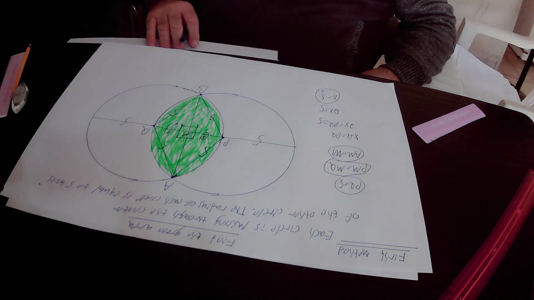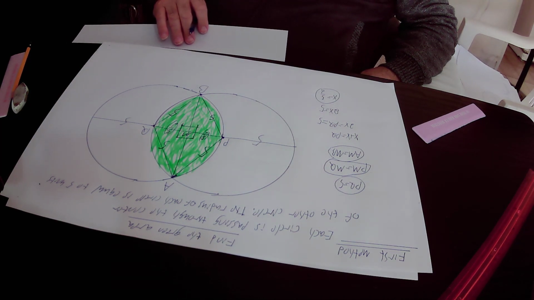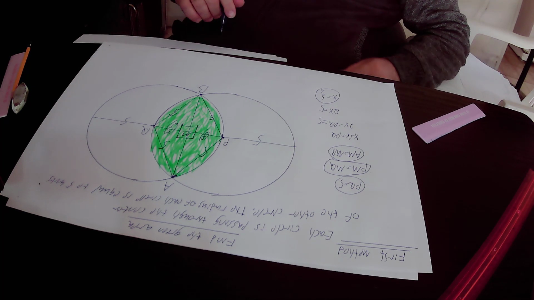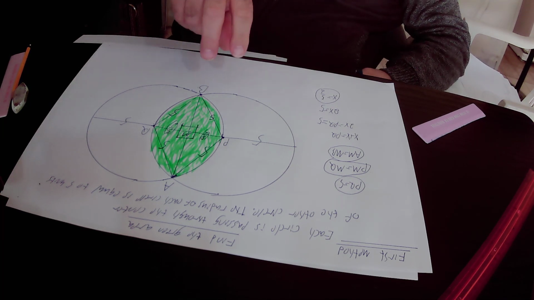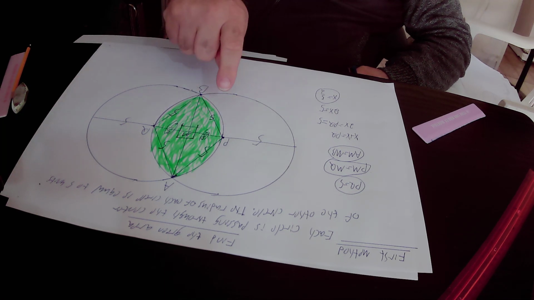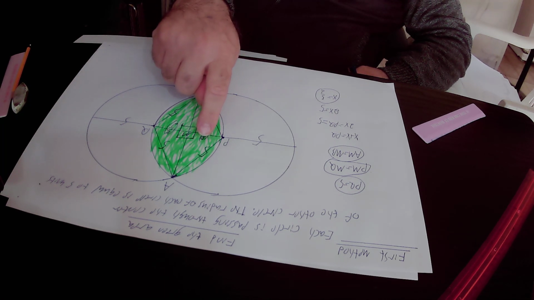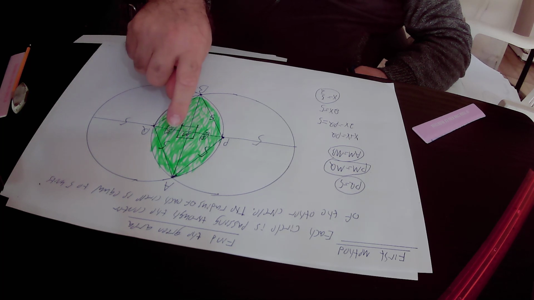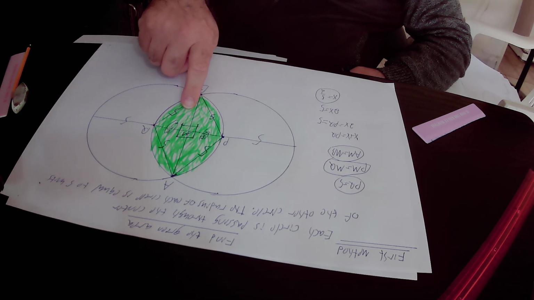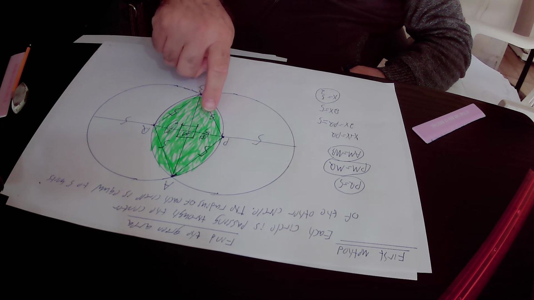In the next step, we will focus on those 4 right triangles: the right triangle APM, the right triangle AQM, the right triangle BQM, and the right triangle BMP.